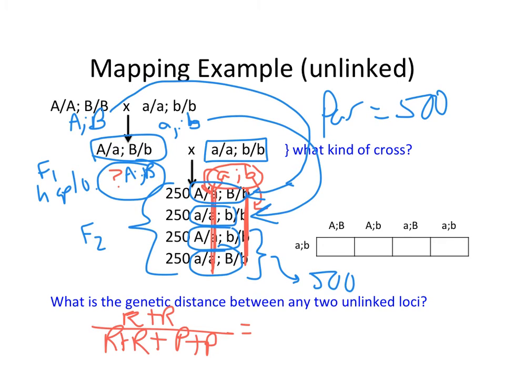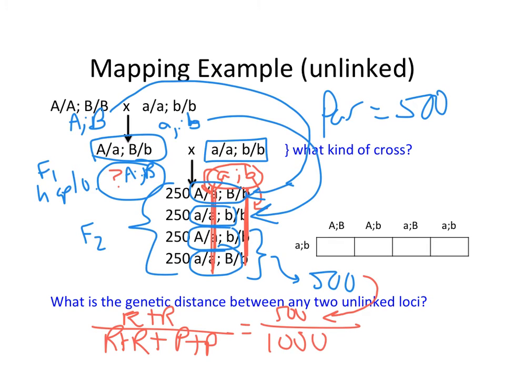So in this case, there are 2 recombinant types that totaled 500 offspring. That's that 500, the sum of the recombinants. How many total offspring did we observe? F2s? 1,000.